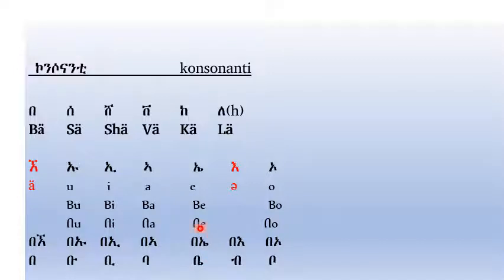I put this closer and I make be. And b, we put this exact thing here, but we don't need this one. Then bo, make the leg to the right short. Then this is bo. Let's now see the new system. B, bu, bi, ba, be, b, bo.